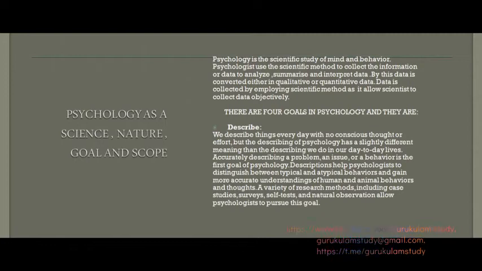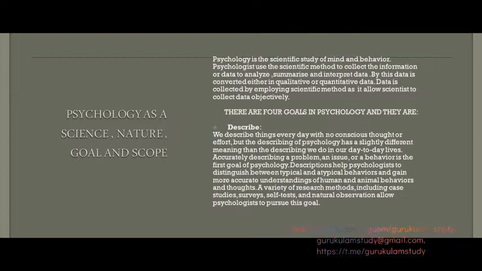So now we come to the goals of psychology. There are 4 goals of psychology, and they are: describe. First, we describe things every day with no conscious thought or effort, but describing in psychology has a slightly different meaning than the describing we do in our day-to-day lives.